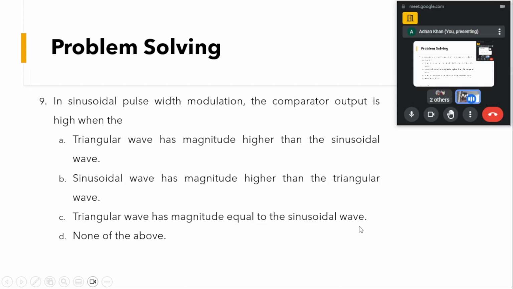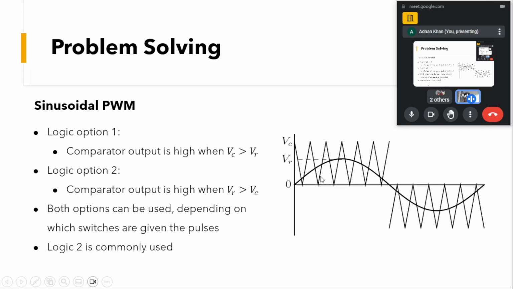I think we can straight away eliminate option C, because the triangular wave will be equal to the sinusoidal wave for only a small portion of the time, and the comparison will not work. We can have two logics here. We have a carrier and a reference, and here our reference is a sinusoidal modulating signal.